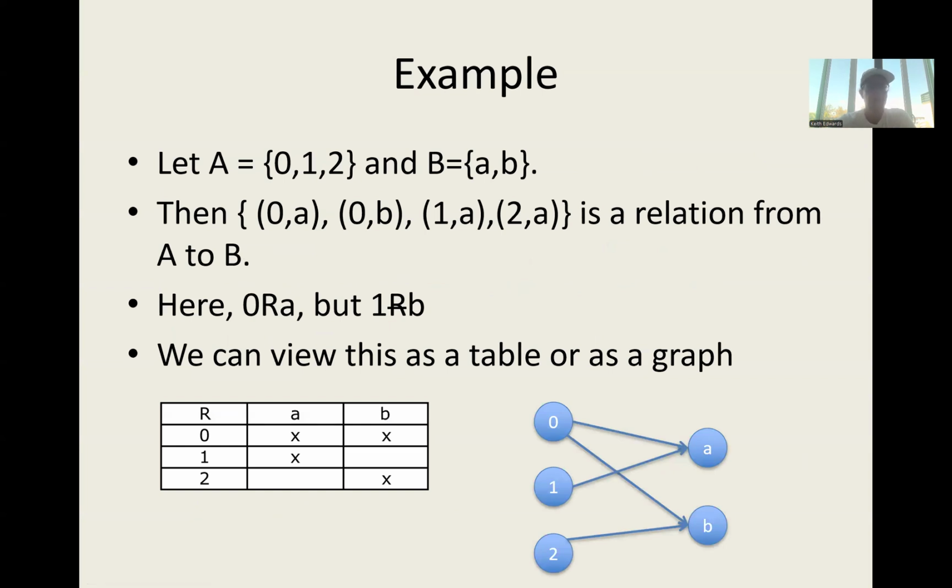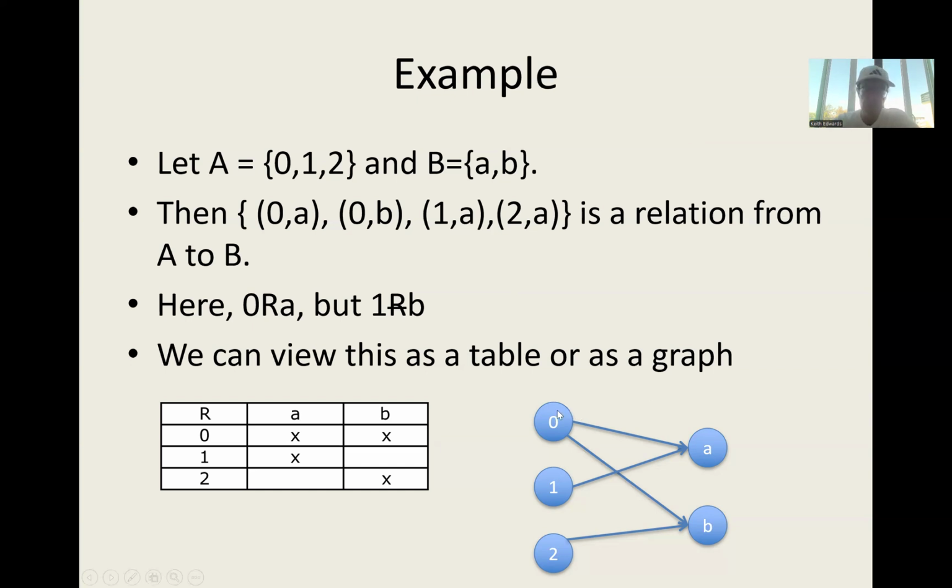So another example, we'll let A be {0, 1, 2}, and B be the set {a, b}. Our relation is (0, a), (0, b), (1, a), and (2, b). And that's the relation. So here, 0 is related to a, but 1 is not related to b. And we can view that as either a table where we have an X that indicates those two elements are related and a blank if they're not, or as a graph with an arrow directed from the element in the first set to the element that it's related to in the second set.